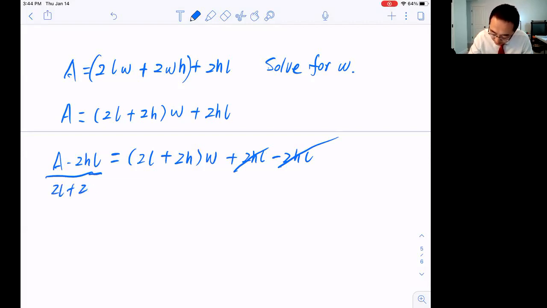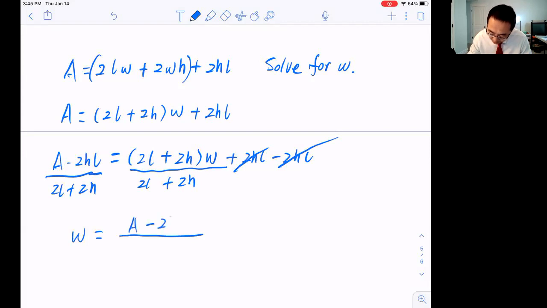So that gives you W equals A minus 2HL divided by 2L plus 2H. Did everybody get this same answer? Okay, good.